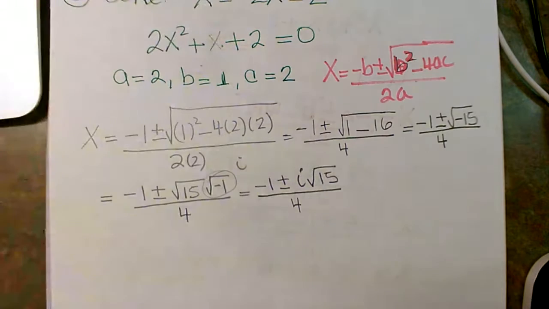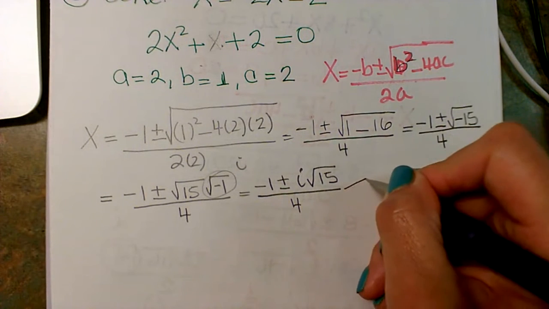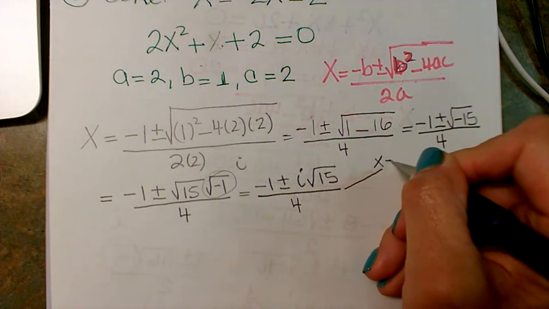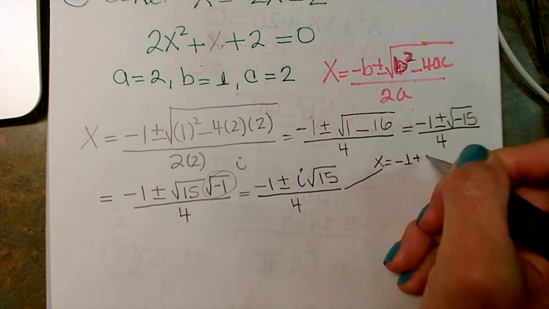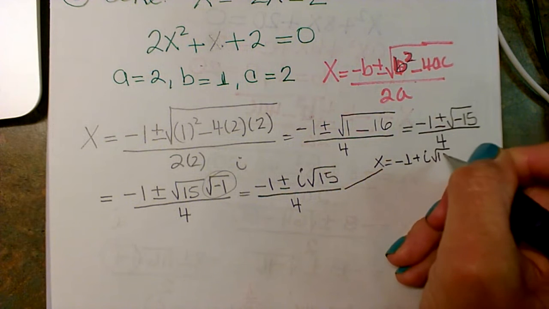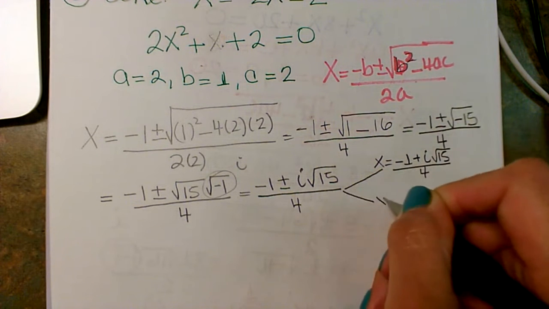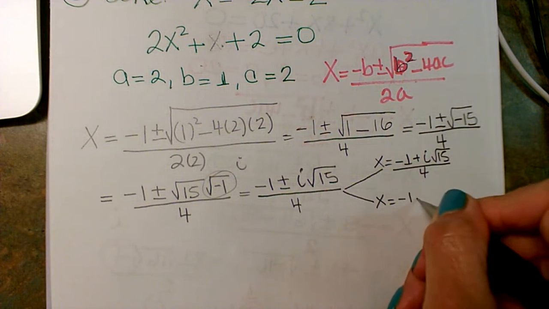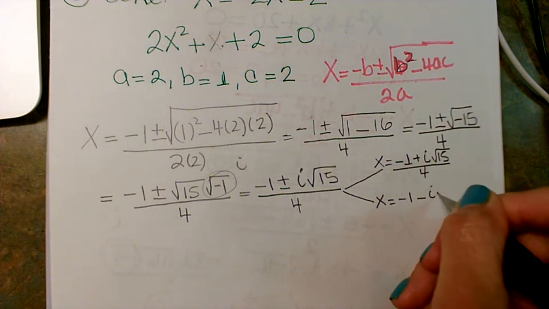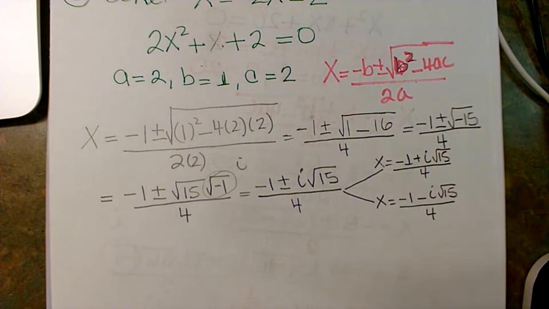So we have two answers there. One is going to be negative 1 plus I times the square root of 15 divided by 4. And the other one is going to be negative 1 minus I square root of 15 over 4. That's the one that I wanted to do.